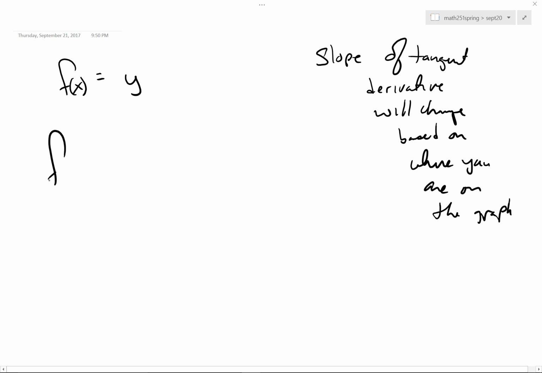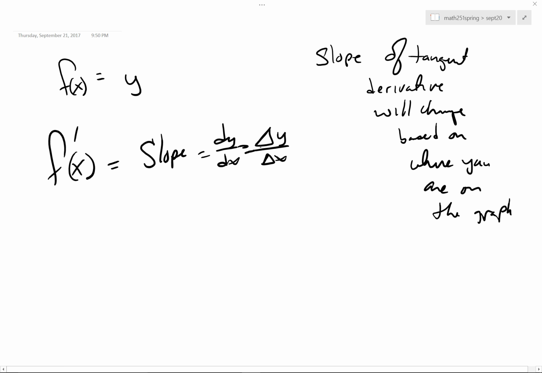Meaning that f prime is also a function of x. That is, the slope, or if you prefer dy dx, or if you prefer delta y over delta x, the change in y over the change in x will depend on where you are on the graph.